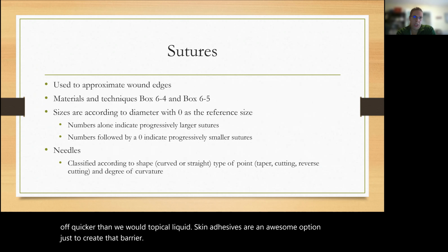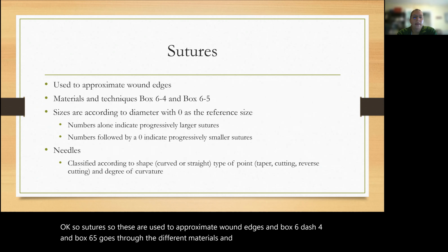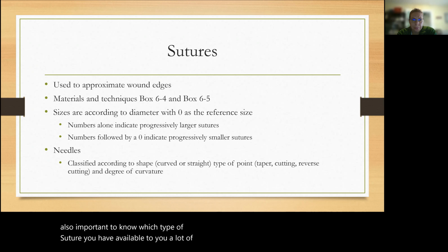Okay, so sutures. These are used to approximate wound edges, and box 6-4 and box 6-5 go through the different materials and techniques. It's also important to know which type of suture you have available to you. A lot of times it's 3-0. If it's just a number alone, that indicates progressively larger suture sizes.